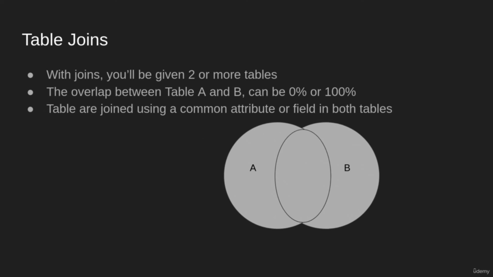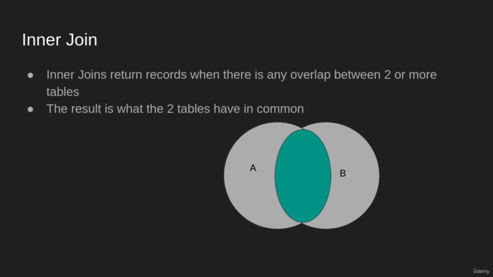Okay, so the first and most common join that's out there is an inner join. Essentially, inner joins will return records when there's overlap between two or more tables.